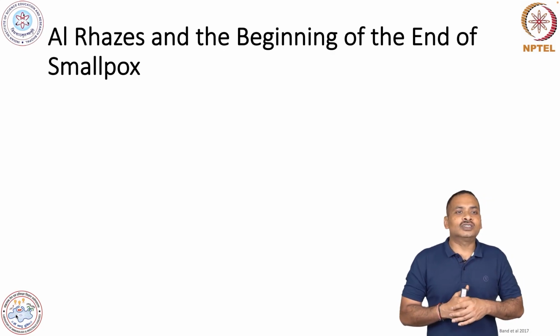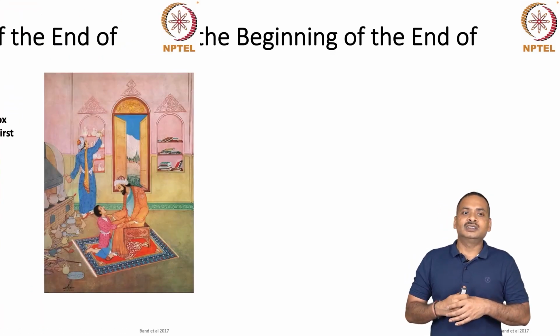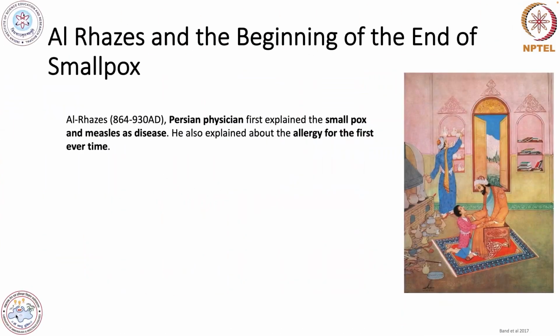After the work of Al-Razi, a Persian physician, smallpox and measles were first explained as a disease. It is a disease, not some kind of curse. He also explained allergy for the first time.